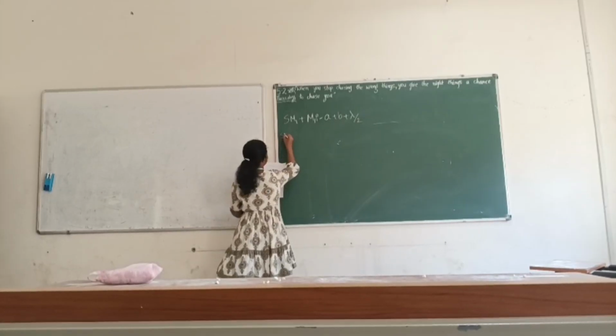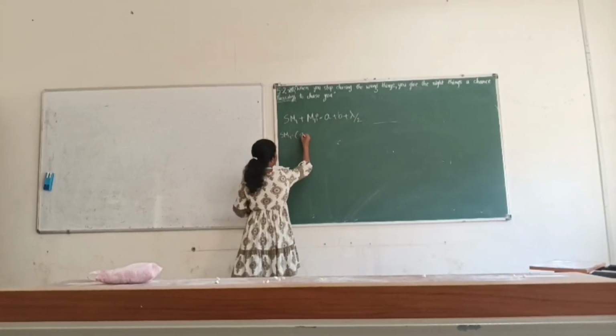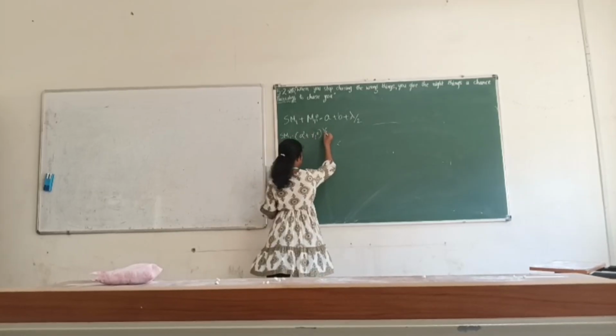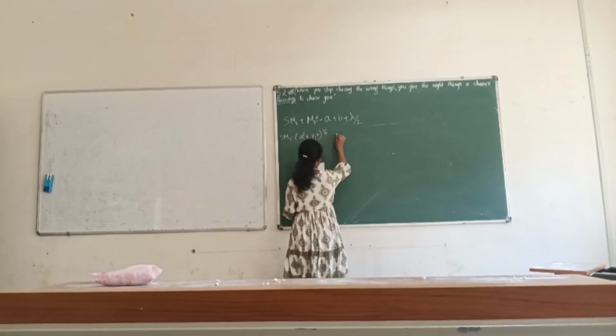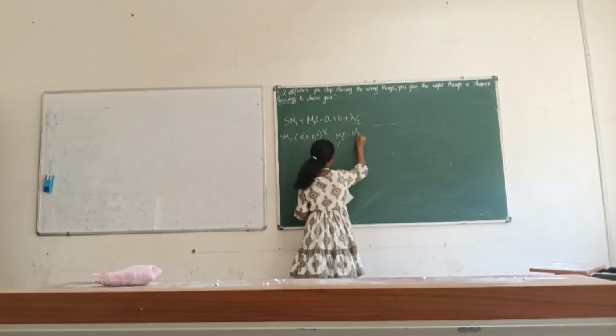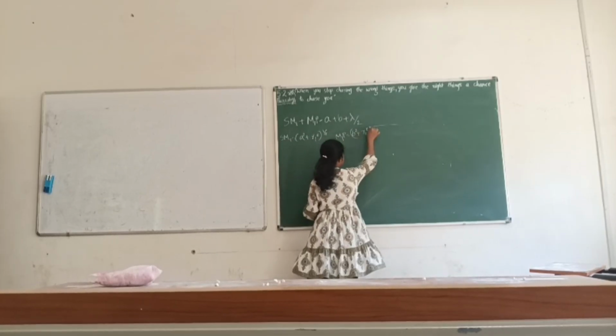SM1 is equal to (A square plus R1 square) raised to 1 by 2, and M1P is equal to (B square plus R1 square) raised to 1 by 2.